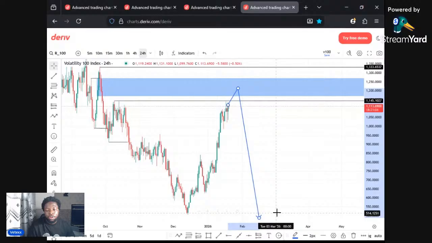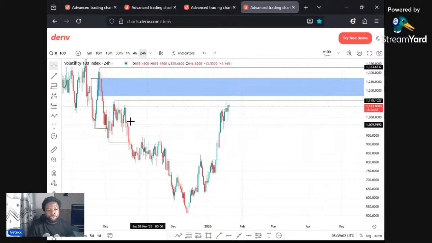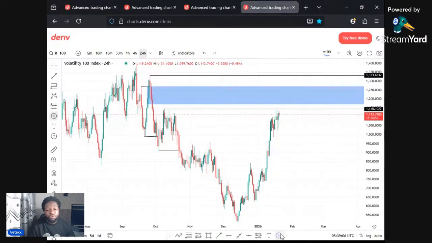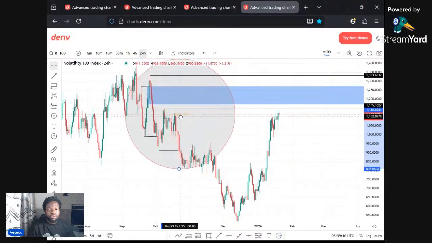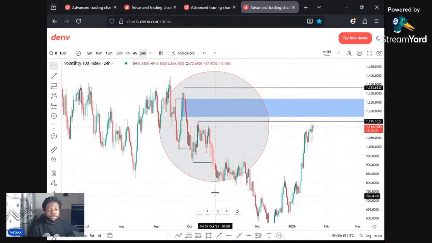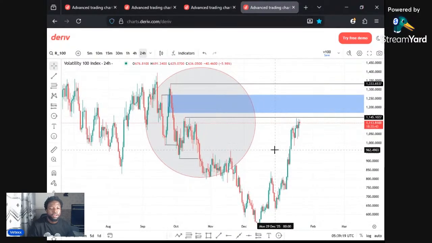Okay. So once price taps into this zone, the next thing for us to anticipate is this same type of structure on the 4-hour time frame. Once price gives us that same type of structure on the 4-hour time frame, we are now going to start looking for continuation on the 15 minutes time frame.